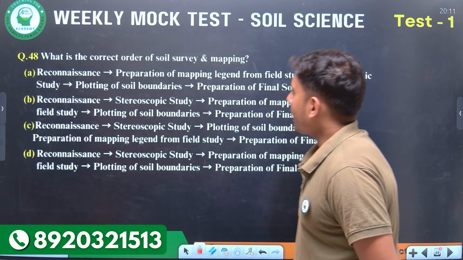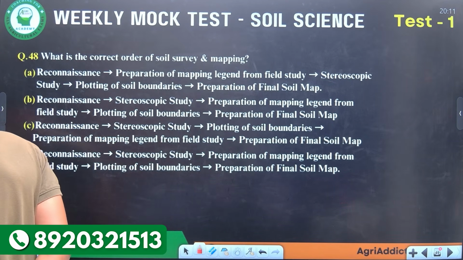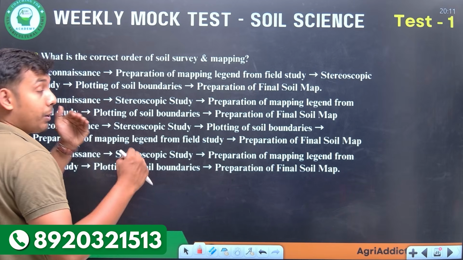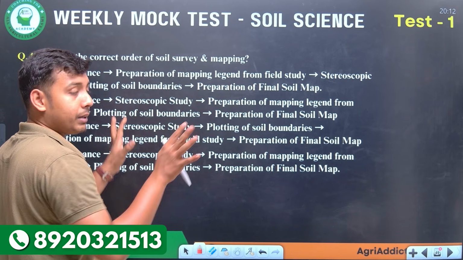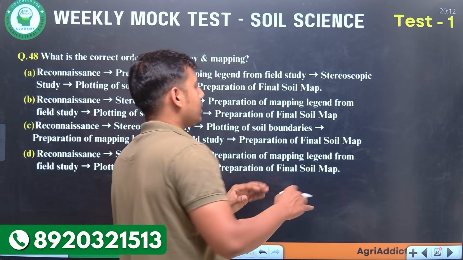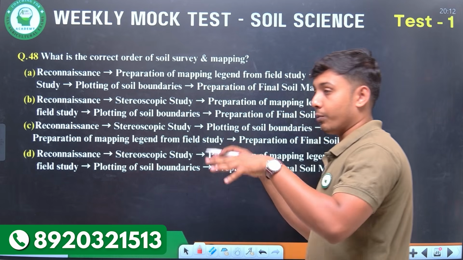Next, what is the correct order of soil survey and mapping? Okay, so in this question we have to know the order properly. You have to remember how the soil survey is done and what is the actual procedure. First we have to know the big area in overview.